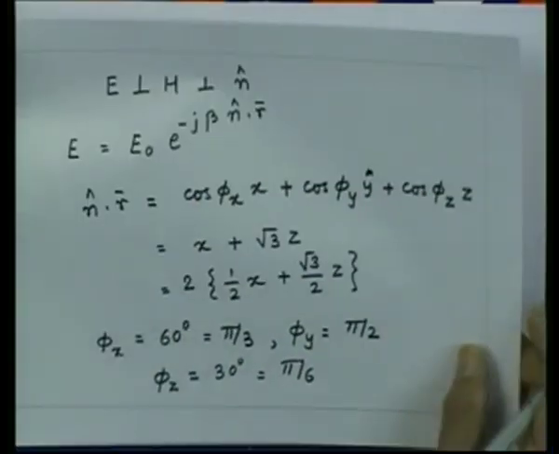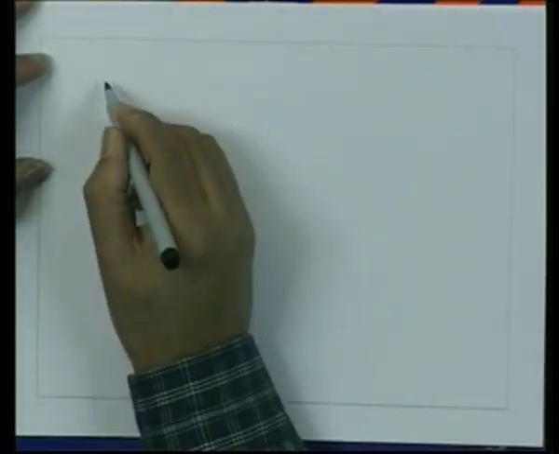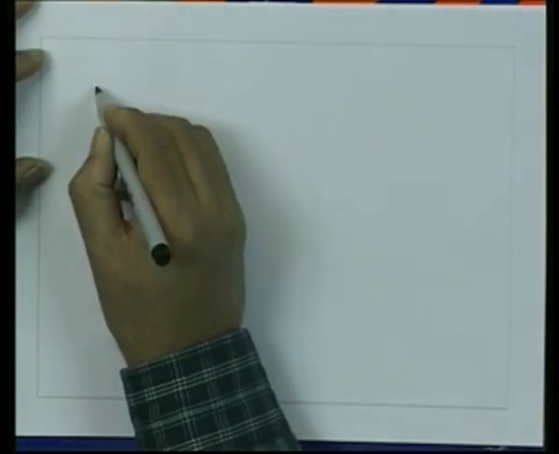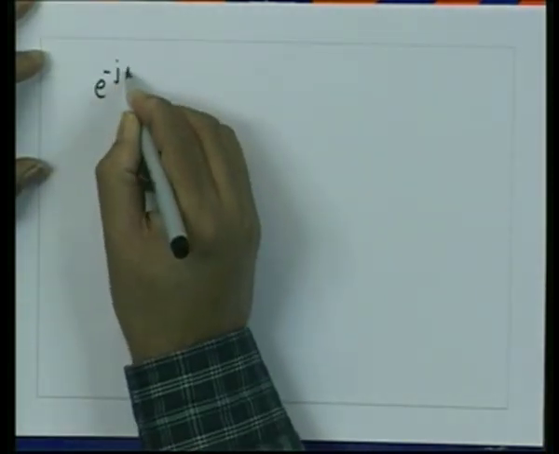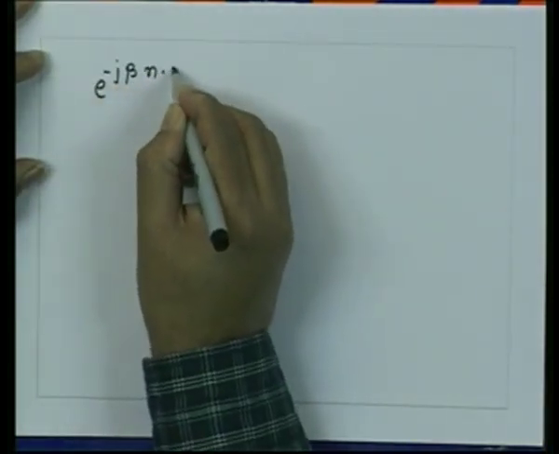Now, to find out the frequency and the velocity of the wave, essentially we have to find out the propagation constant beta, and for that again we take the phase term, this quantity here, and we do some rearrangement so that we can get the propagation constant beta. So, the phase function which is given there is e to the power minus j beta into n dot r.